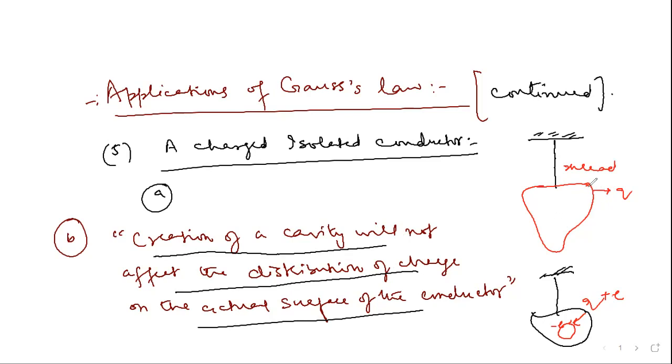If electrons move from surface to cavity walls, then negative charge is created on the cavity walls. If electrons move from cavity walls to the outer surface, then positive charge creation will take place on the cavity wall. So if we have to prove that creation of a cavity will not affect the distribution of charge on the actual surface of the conductor, it is sufficient to prove that there is no charge on the cavity walls, right? So that's why I'm saying this.